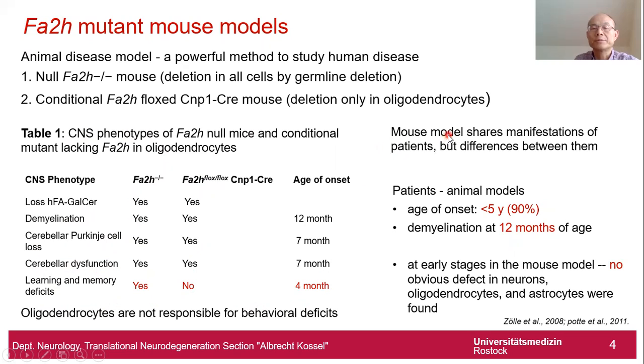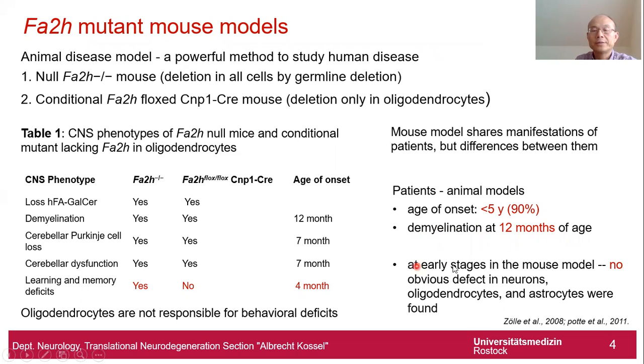Although mouse models show manifestations of patients, there are some differences between them. For example, the age of onset, as I mentioned before, usually is less than 5 years. However, demyelination happens in the aging mouse at 12 months of age.